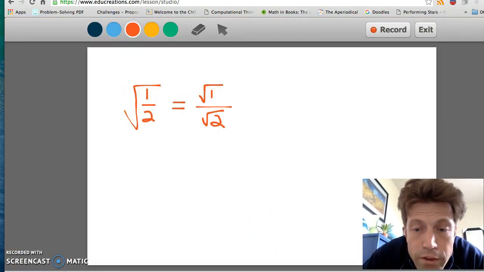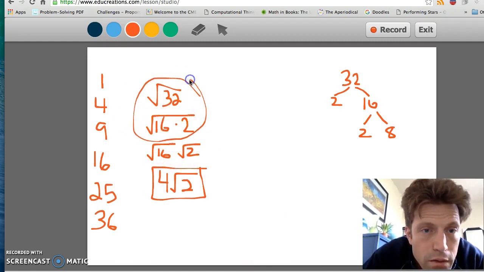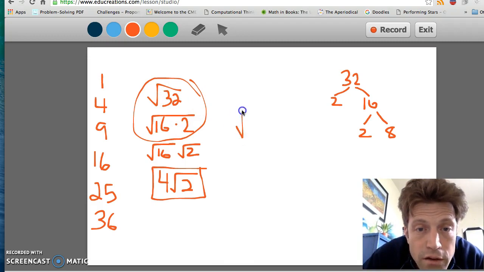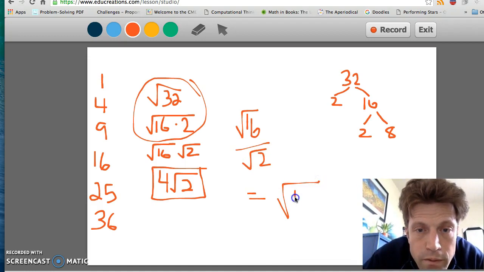just like when we, on this page, multiply two radicals, we get square root of 16 times square root of 2 is square root of 32. Similarly, square root of 16 divided by square root of 2 would equal the square root of 16 over 2.